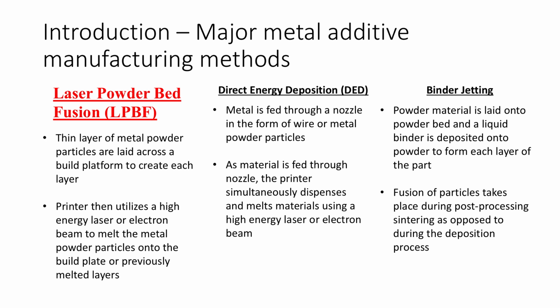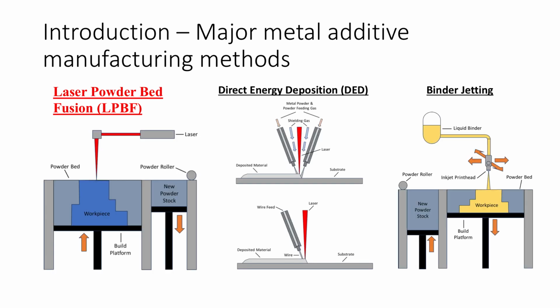If we look at the major metal additive manufacturing methods, we see the powder bed fusion, direct energy deposition, and binder jetting. In the powder bed fusion or laser powder bed fusion process, a laser beam is directed to the top of the powder bed, and it solidifies the particles where we have to build the part.